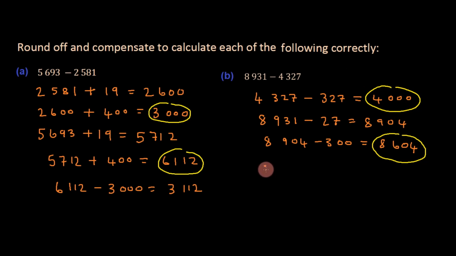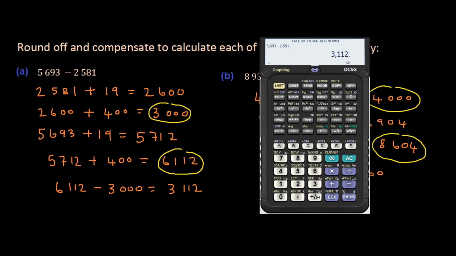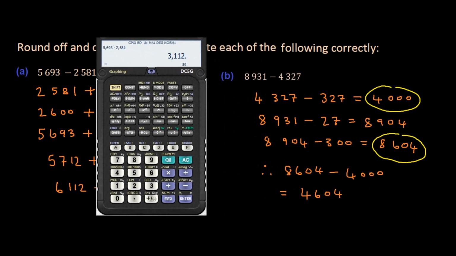So our final answer then will be 8604 less 4000. And of course, this is 4604. Let's check that answer. So it's 8931 less 4327. And we do get 4604.